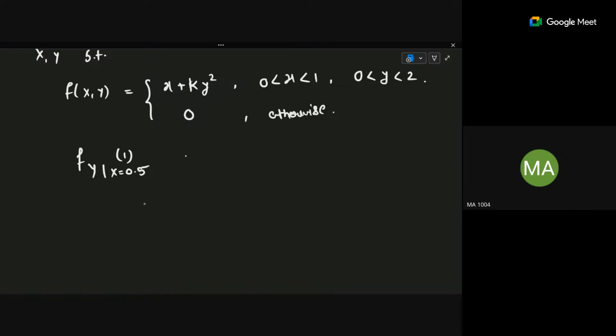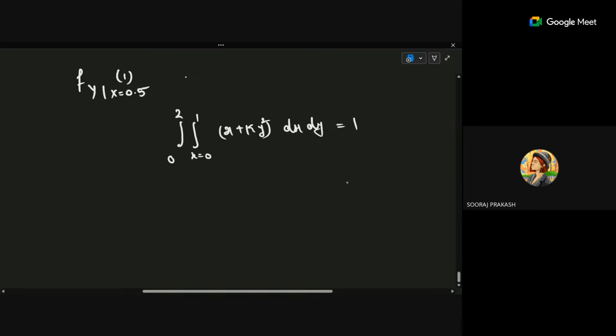We know that this is the joint density, and when integrated over x and y, it has to give 1. x is 0 to 1, y is 0 to 2, x plus k y square dx dy has to integrate to 1. Is it 0? Okay, just confirm it. We are just starting to solve it.